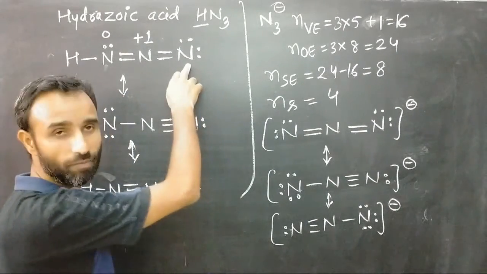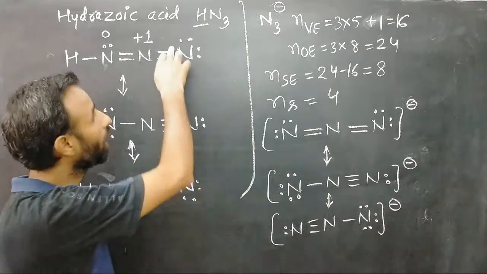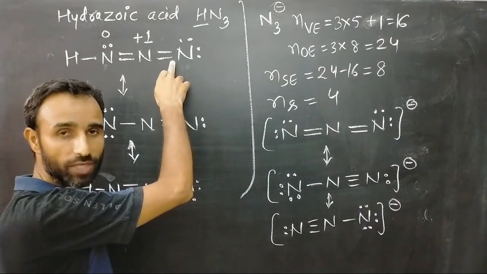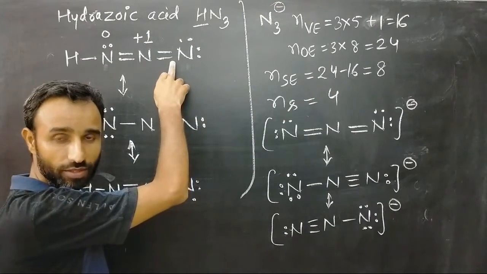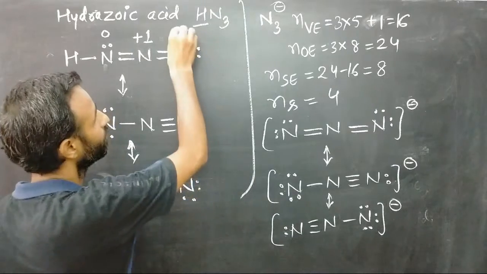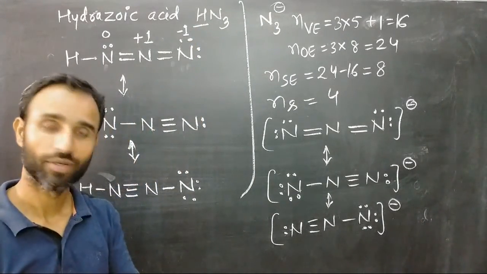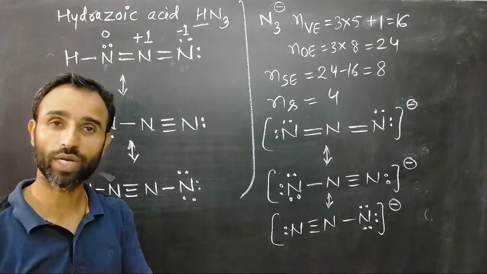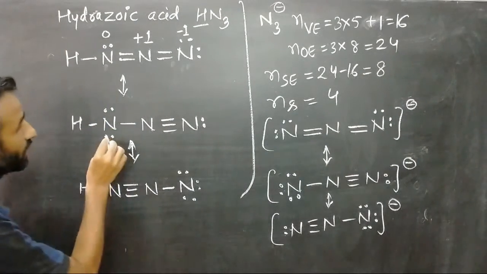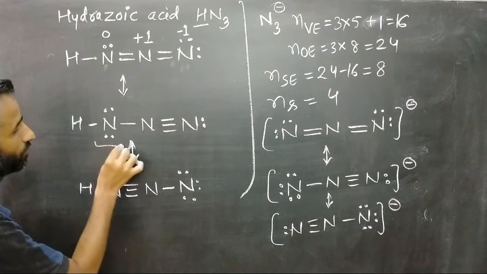What about this? 5 electrons, 2 are shared. So 5 plus 2, 7. That means one more electron is needed to complete its octet. Means minus 1. So this is the method to calculate formal charge. What about this? Tell me, what is the formal charge on this nitrogen?